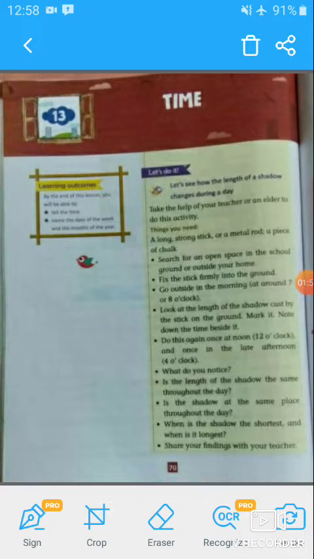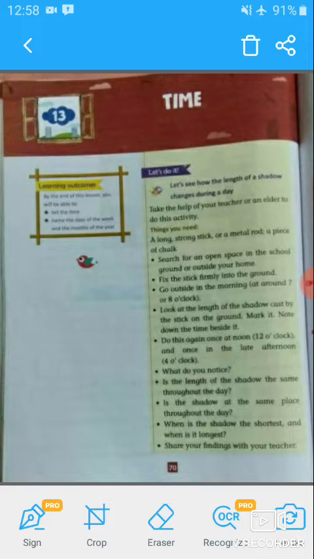Let's see how the length of a shadow changes during a day. To do this activity, the things that you need are a long strong stick or a metal rod, or a piece of chalk.